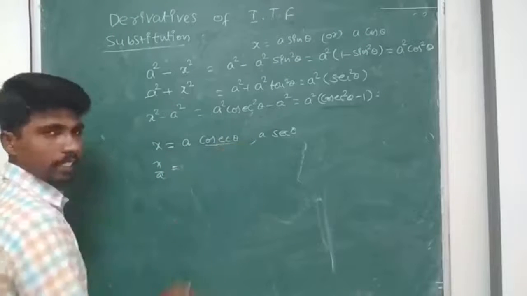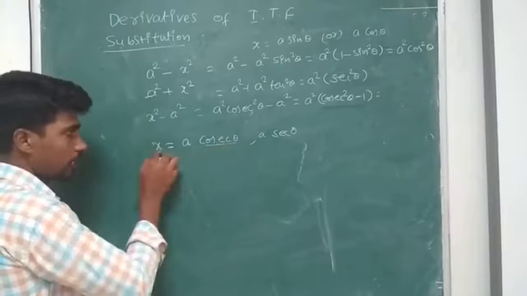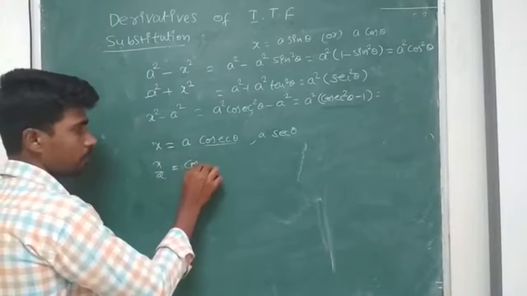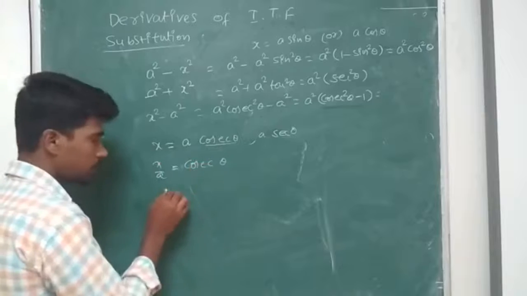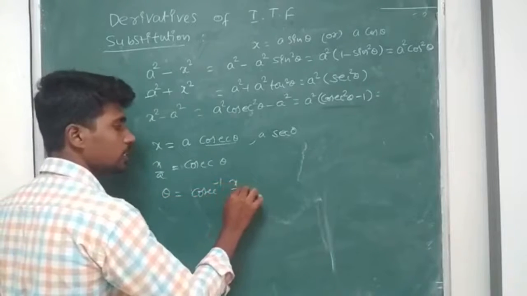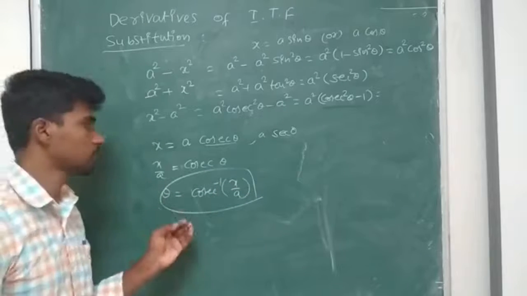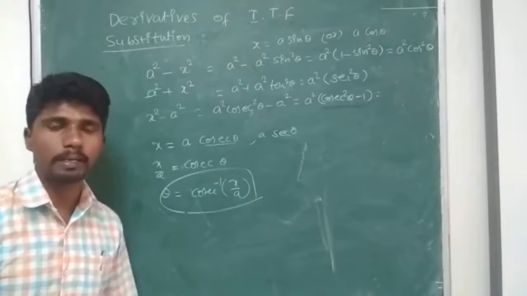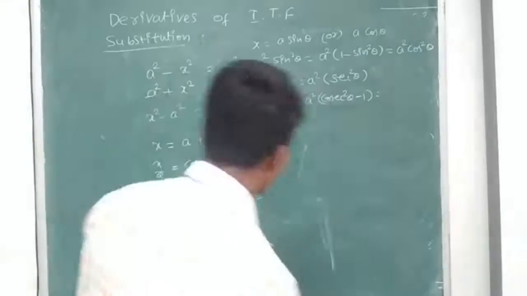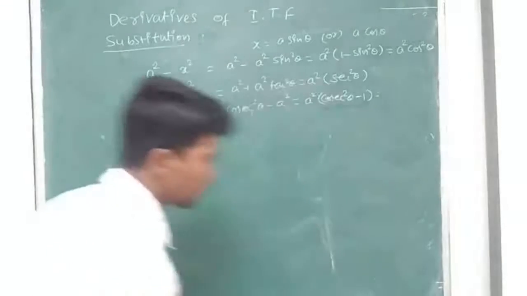So a into cosecant theta is equal to x, so cosecant theta equals x by a, and theta is equal to cosecant inverse x by a. This substitution we have to do at last.